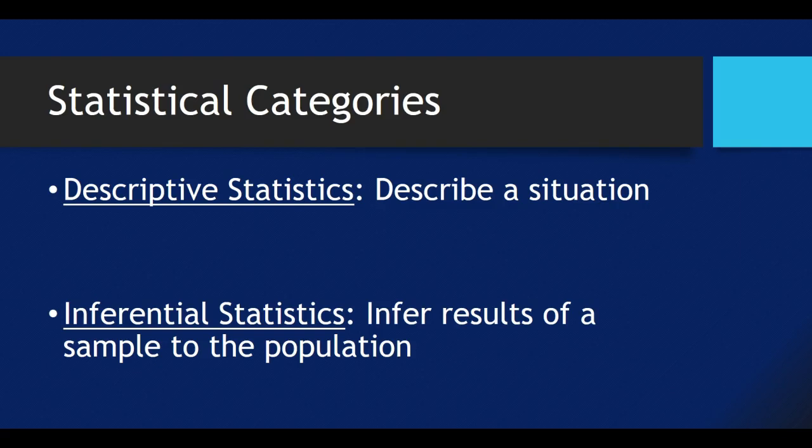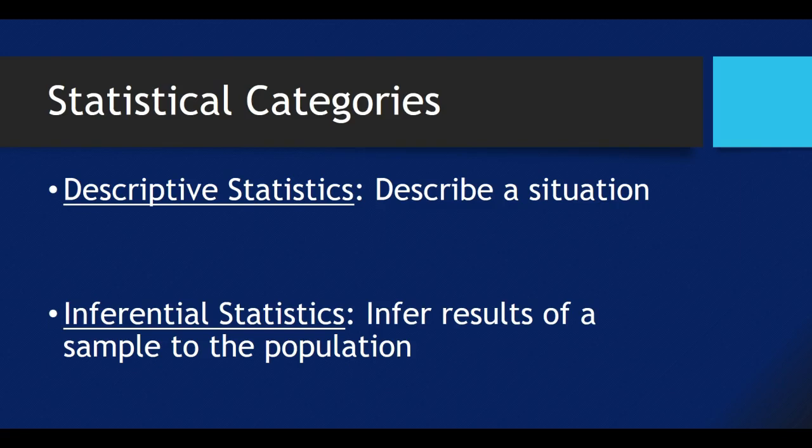Now, if you think about that, that sounds like it's describing a situation, but clearly they didn't ask every single person. So clearly they would have had to have gone out and gotten a sample, and they're using that sample to project onto the population.